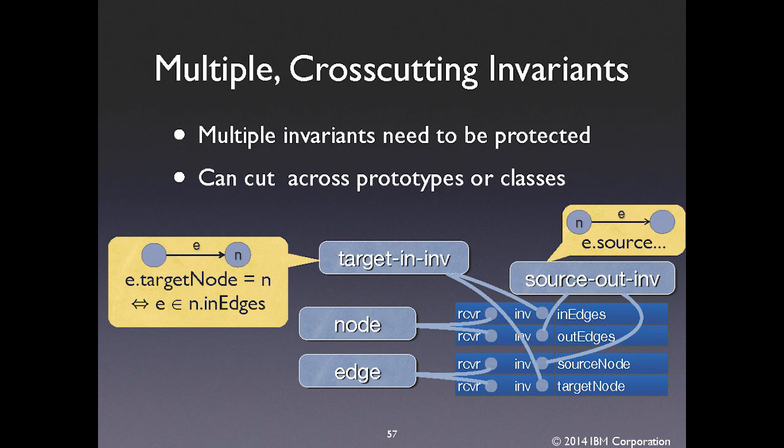So here's an invariant that the node points to the edge, the edge points to the node, and here's the one for the other direction as well. Well, we can take each of these, one for the in edges, one for the out edges, make a coordinate, add them to the appropriate slots. So now in edges and source node and target node are guarded by these things as well. And now we've got protection that cuts across abstraction boundaries.